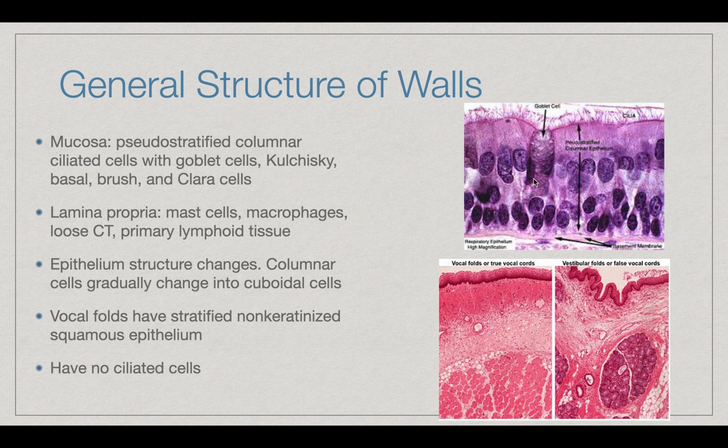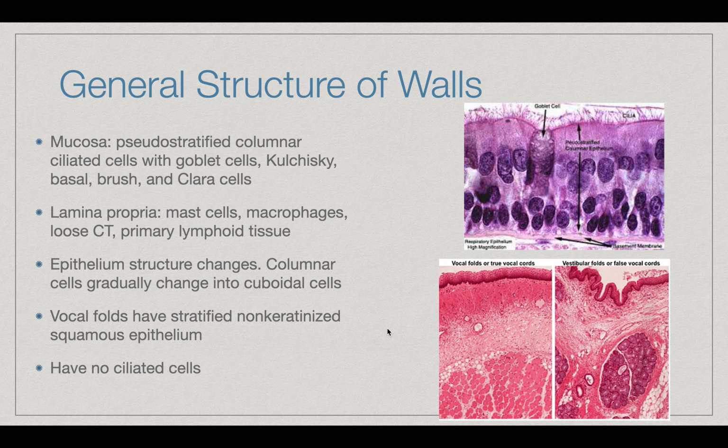The Kulchitsky cells are interspersed, along with the basal, the brush, and the Clara cells. So the lamina propria is going to contain these, and the epithelium changes eventually as you go further down. It's going to start off columnar and then gradually change into cuboidal cells.